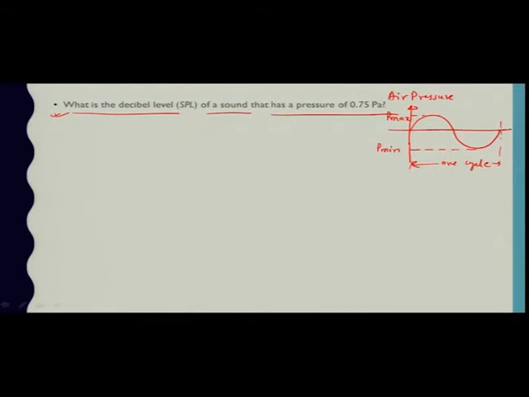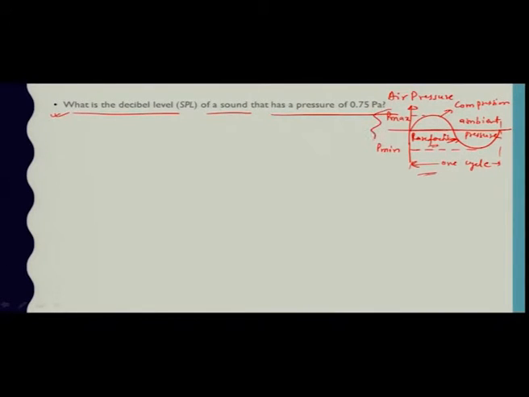Here the upper part of the graph shows a compression, this level is the ambient pressure, and this part of the curve is rarefaction. In this way, this is a sinusoidal pressure oscillation of a simple sound generating source. The intensity of sound is related to the amplitude.